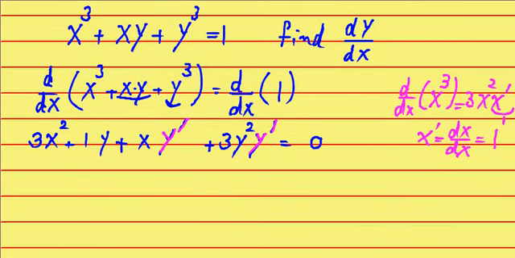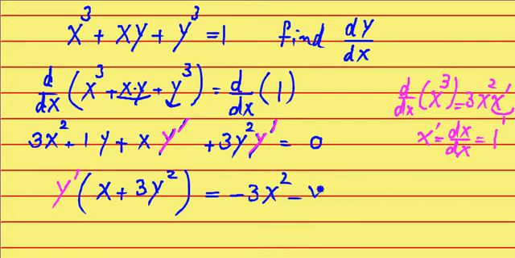So what we are going to do is try to solve this for y prime in terms of x and y. So I write y prime, the item I want to find, times, I factor whatever has y prime in it. So I have x plus 3y squared. Anything that doesn't have y prime in it, I just send it to the right hand side, minus 3x squared minus y.